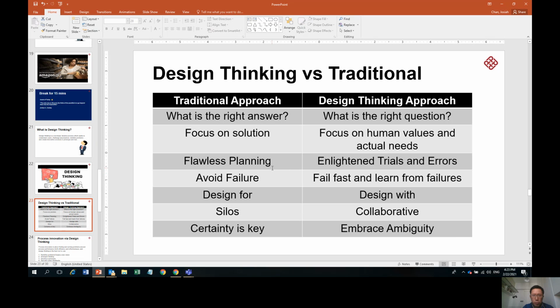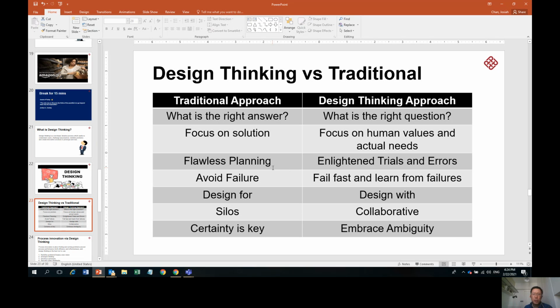Then the traditional approach assumes the world is ideal, everything is perfect, and there should not be errors or mistakes. They have a view of flawless planning, so they plan for everything. They assume this job will be done in 2 weeks and the next job can come right after and take 3 weeks, for example.